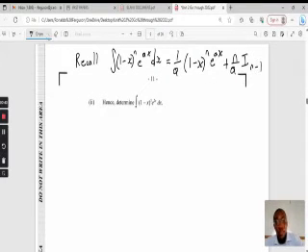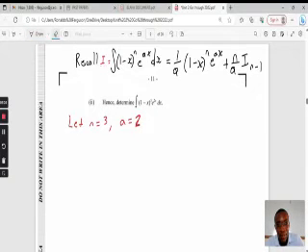So all we're really doing now is basically just substituting. If you let n equal 3 and you let a equal 2, then that is all we're working out. Remember, they call it I_n. This is the formula for I_n.